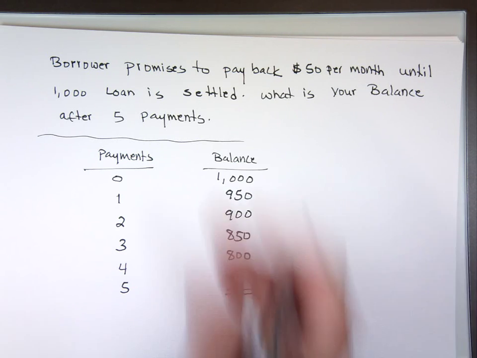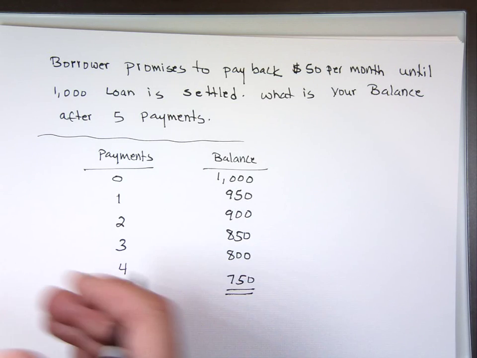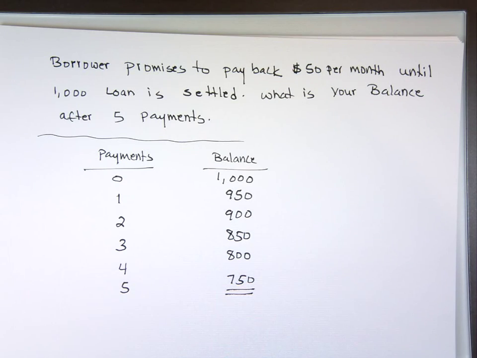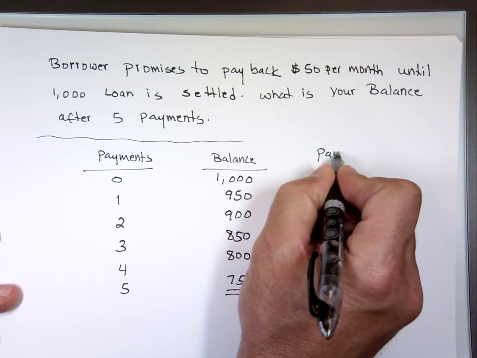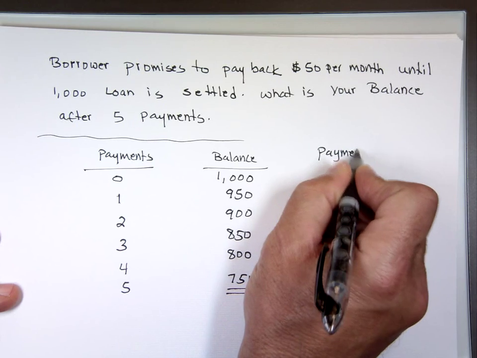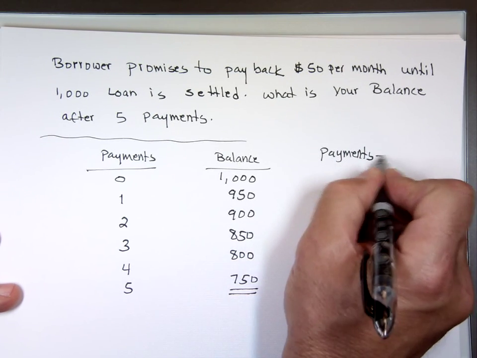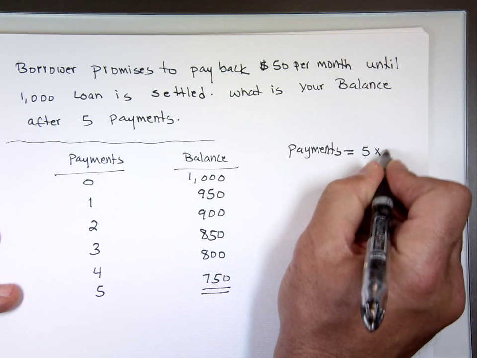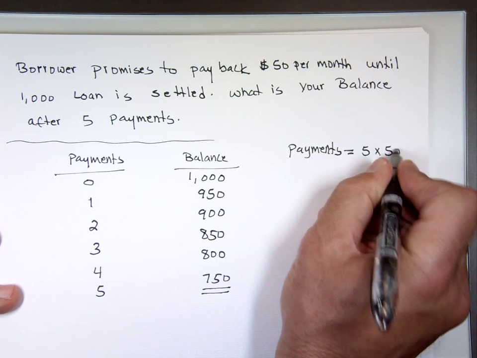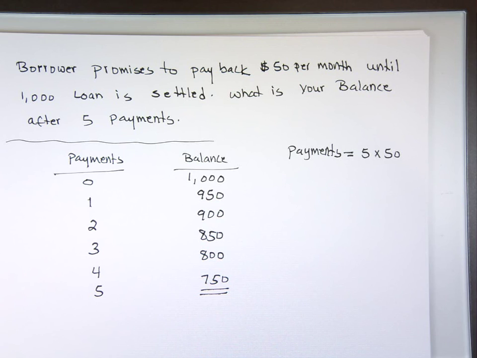Well, you don't want to go through that, especially if this is after 200 payments. You're not going to write that 200 times. But you can look and see how many payments you made. Altogether, how much did you pay mom? You paid mom 5 times 50, $50 each time, times 5 payments.